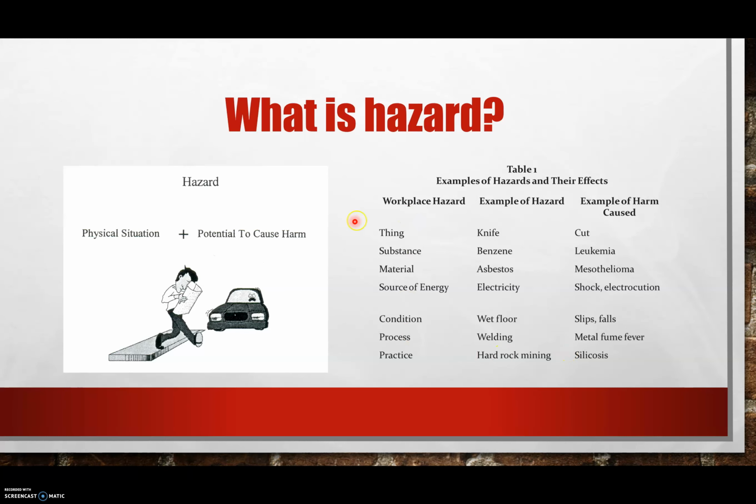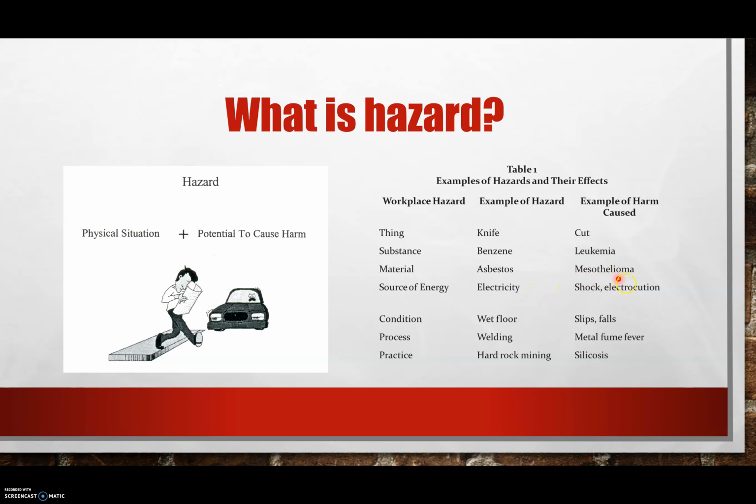Okay, so this is some example of workplace hazards. As a material, you have some hazard which is asbestos. Why? Because it can cause mesothelioma. All right, a source of energy such as electricity.